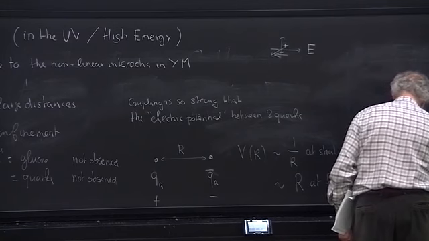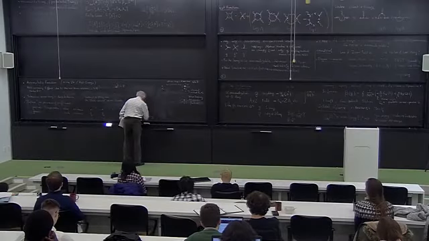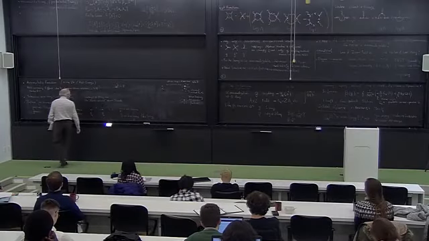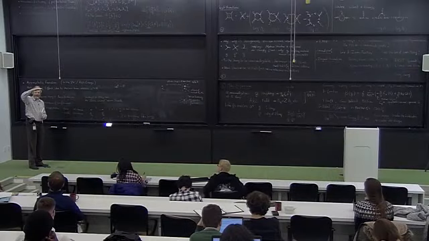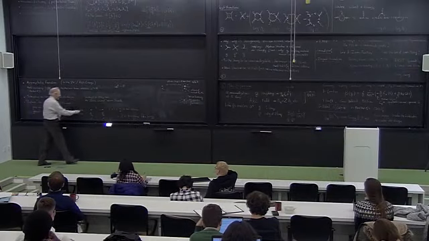Like a spring. Okay. So you never get a threshold where a pair of quark and anti-quark gets ionized.